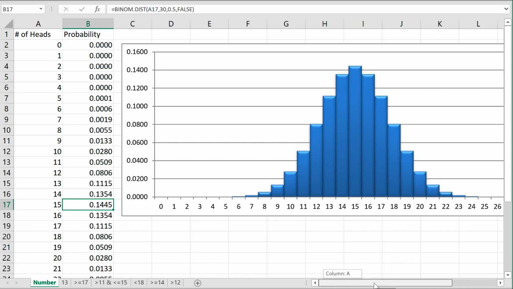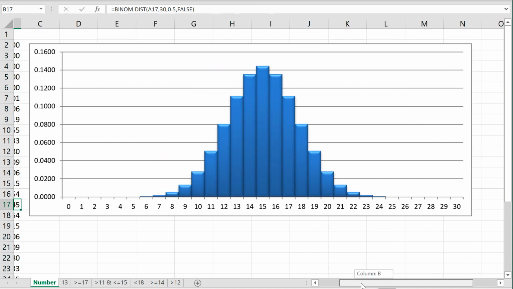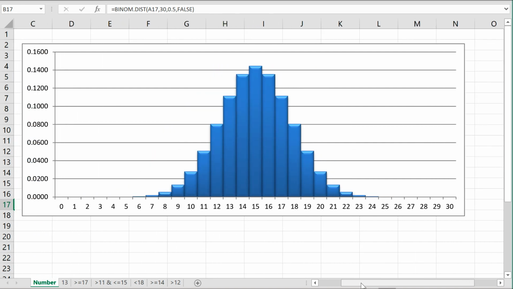Another thing that we notice about this that is very different from the normal distribution is it doesn't continue for infinity in both directions. It has a very distinct starting point and a very distinct ending point. Because if we're counting the number of coin flips that result in heads, if we're tossing the coin 30 times, then 0 is the smallest number of heads. It can't get any smaller than that. And 30 is the largest number of heads.